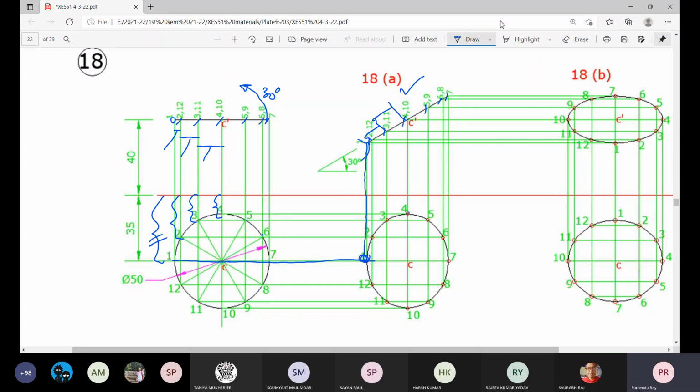For point 2, this is the old plan distance, and when you draw a line parallel to GL, corresponding to 2 on the same vertical projector, point 2 will be there, the same distance for point 2 in the previous plan and in the new plan. Okay.